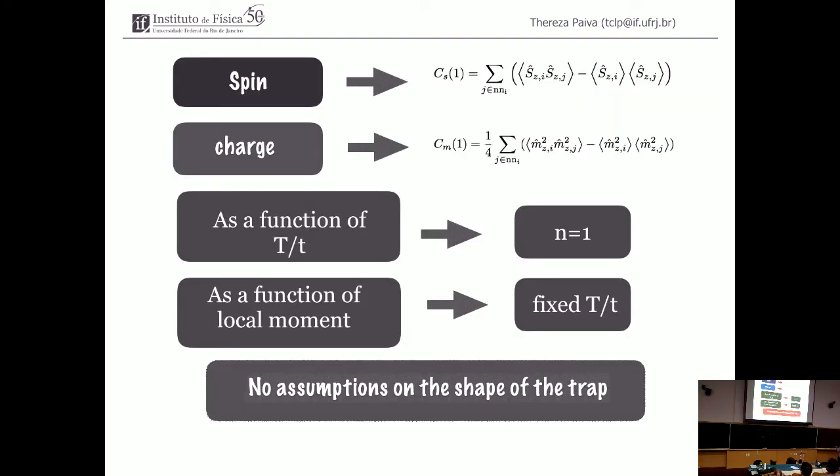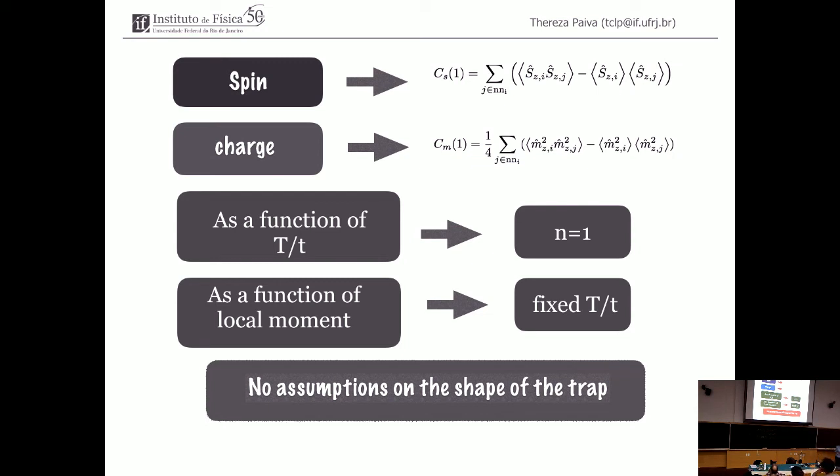So we are going to look at the spin-spin correlations here at first neighbor distance, and the local moment correlation, and we are looking at them as a function of temperature, fixing at half filling. So the experiments go where the local moment is maximum and look around the neighbors to see what happens, and also as a function of local moment for fixed temperature.